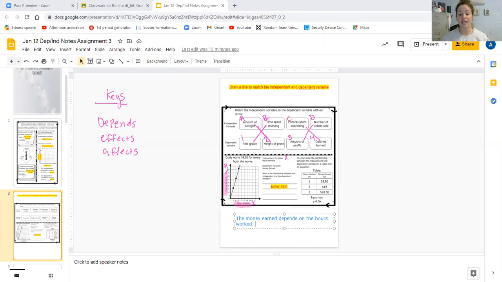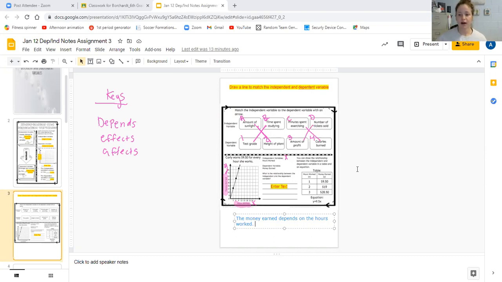And guys, when it's talking about determining the relationship between the two or writing a sentence to determine the relationship, you have to use the labels they give you on the graph. So we're not using the words independent variable and dependent variable. We're using what those words stand for. Okay, we're not just using X and Y. We have to use the group of words, the labels, for what they stand for.